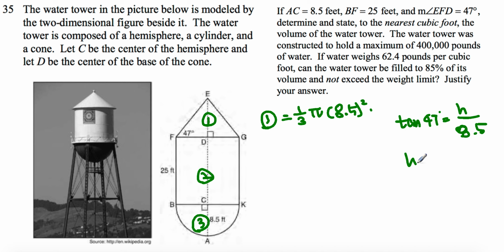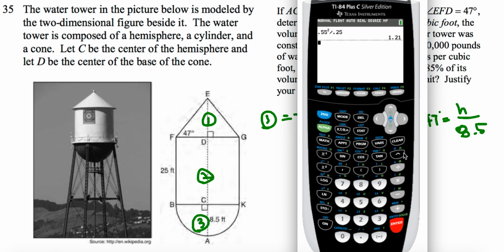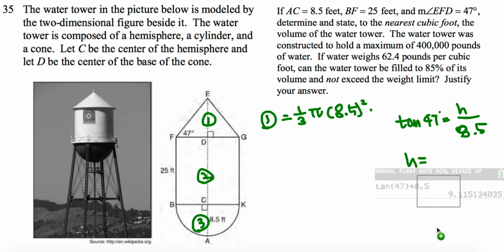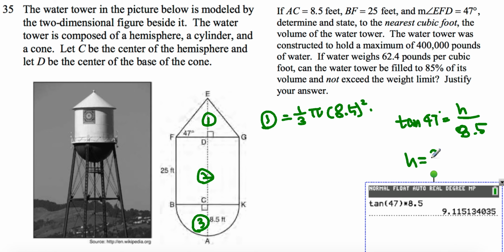So h will be equal to, I'm going to use the calculator here, tangent of 47 multiplied by 8.5, 9.115. So that's what we end up getting here.